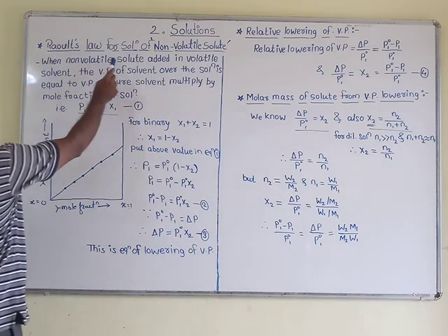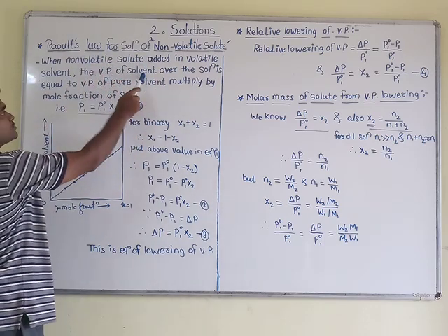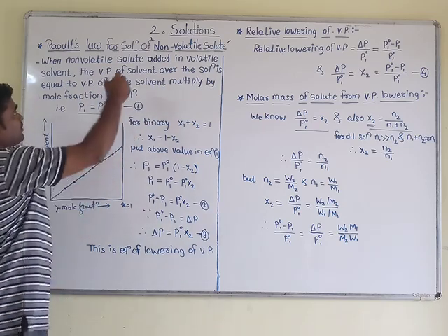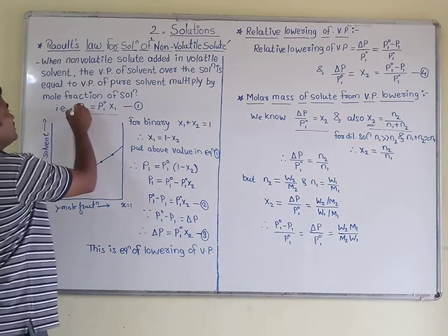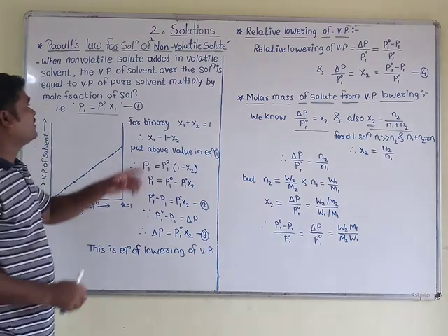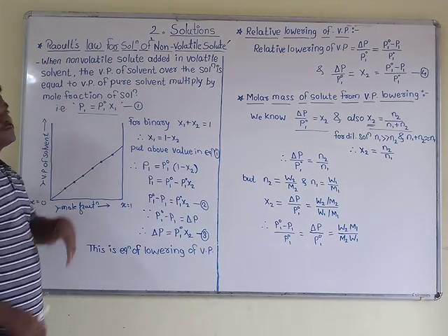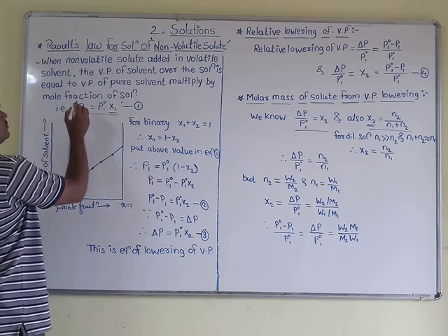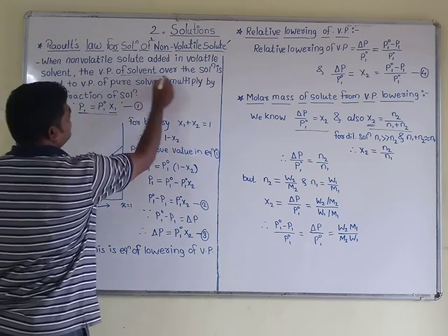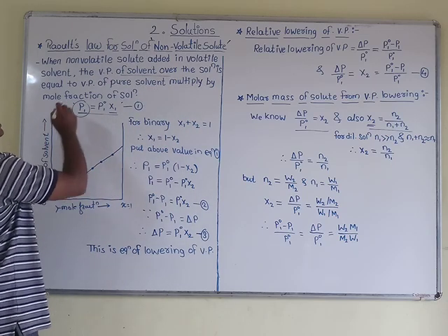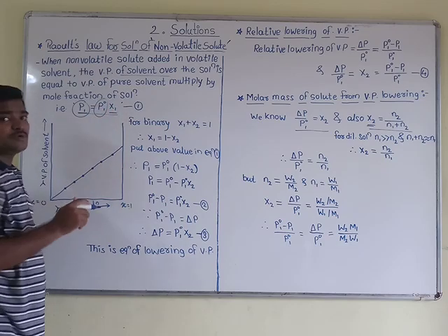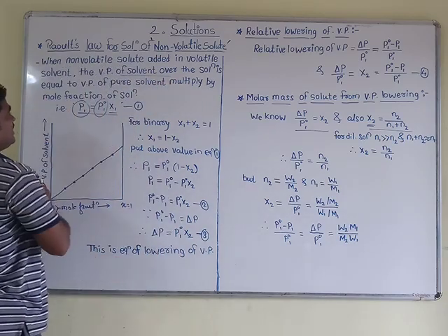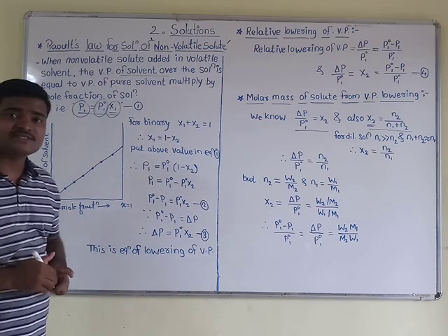Now here, when a non-volatile solute is added to a volatile solvent, the vapor pressure of the solvent over the solution is equal to the vapor pressure of the pure solvent multiplied by the mole fraction of the solvent, that is x1.